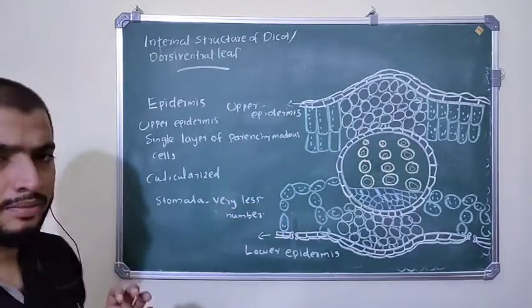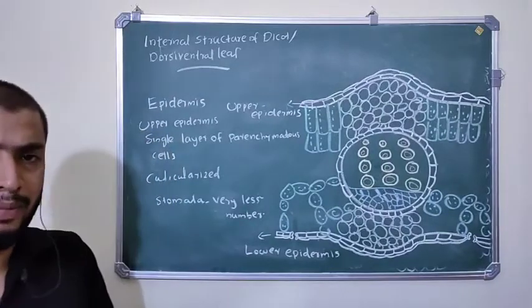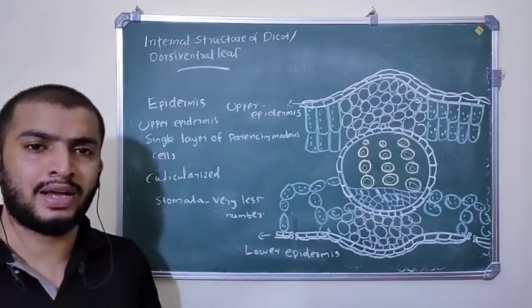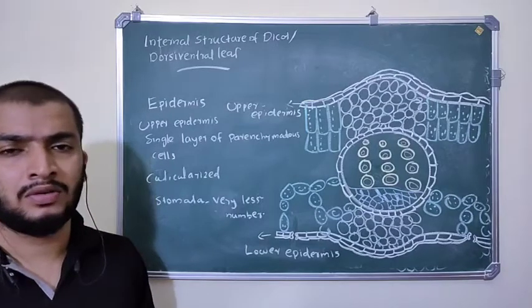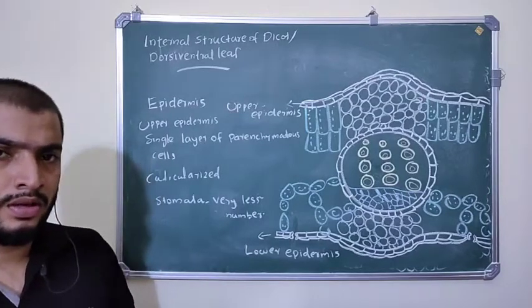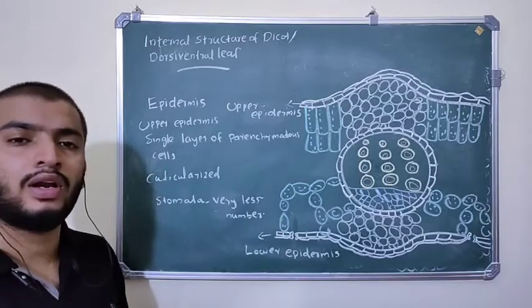So these are the main points about the upper epidermis. It is made up of a single layer of parenchymatous cells, it is cuticularized, and stomata are present but very few in number. Okay, next, the lower epidermis.